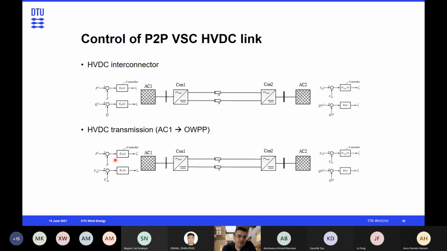So then the HVDC converter offshore has to control the frequency or power shown here and the voltage of the AC system, and then the onshore converter typically has the same control mode, controlling the VDC and the reactive power exchange with the onshore grid.